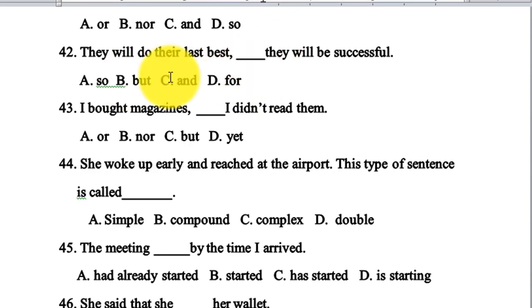If the second statement is the result of the first one, we use an appropriate conjunction. But is used if the second is the opposite of the first, and is used if the second statement is an addition to the first, and for is used if there is a reason or cause, when the idea connects cause and effect. So what will the answer be?